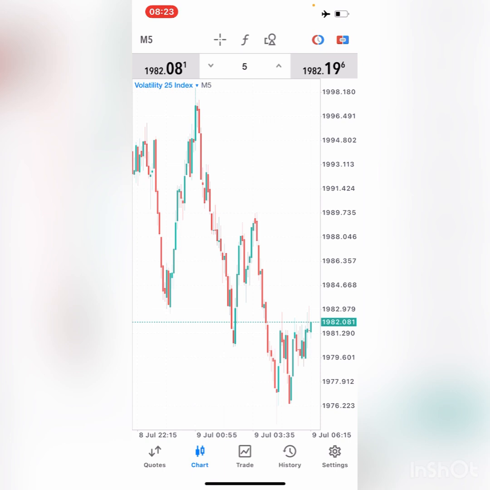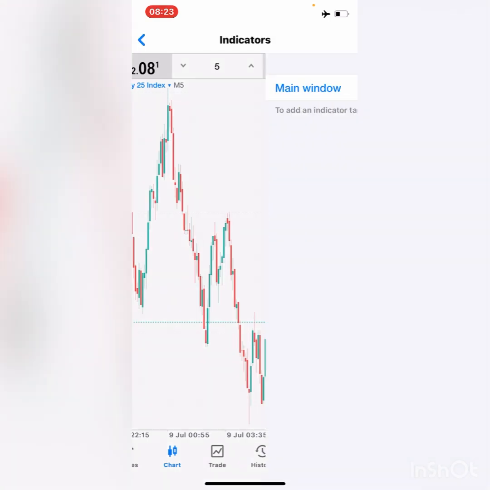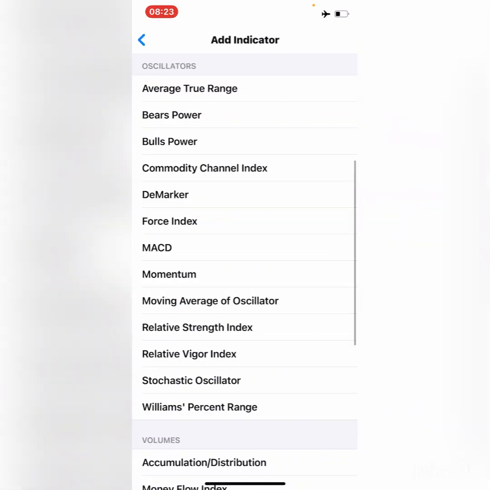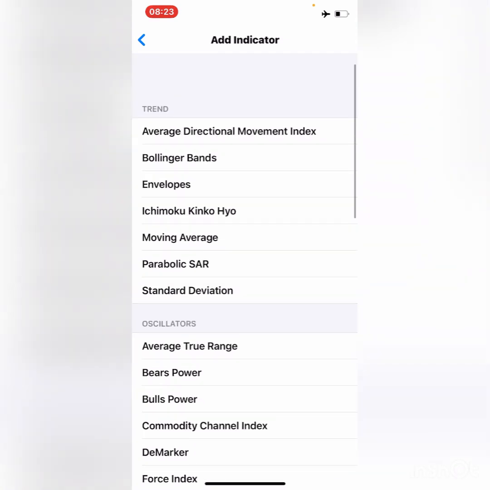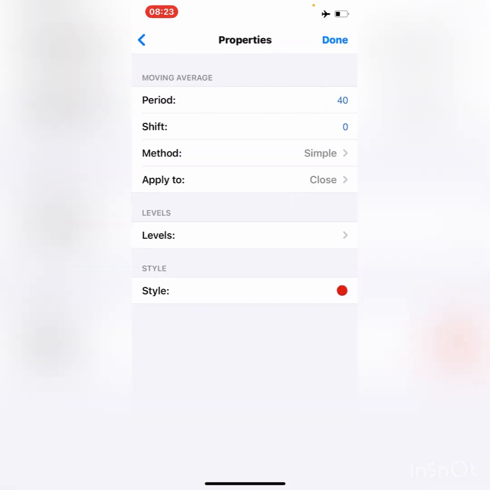So right now you can see I have a blank chart and we are going to do the step-by-step process of installing the strategy. So the first indicator that we want to install under our indicators is the moving average. And this moving average is going to be a key component when you're placing your entries. So it has the following properties: a period of 40, a shift of 0, a method of simple, apply to close, and then the styling.